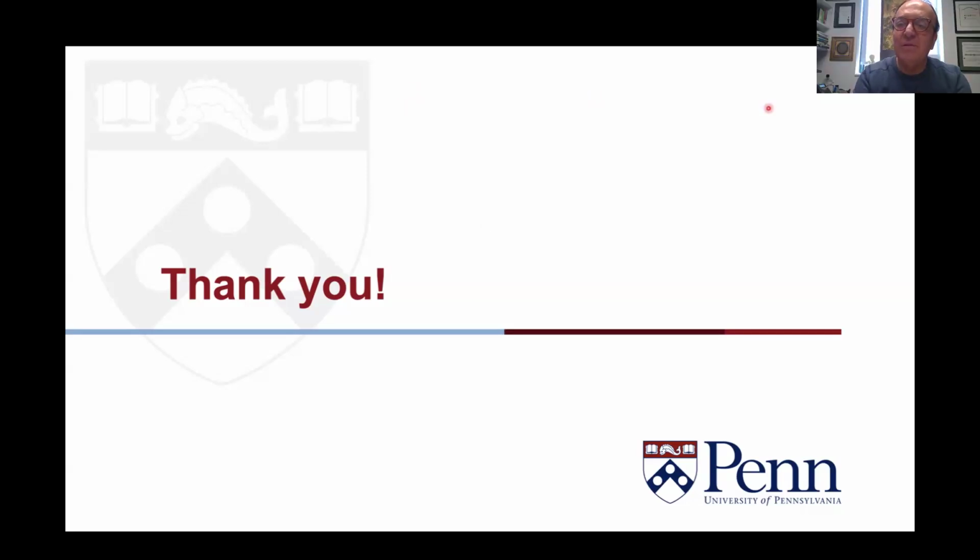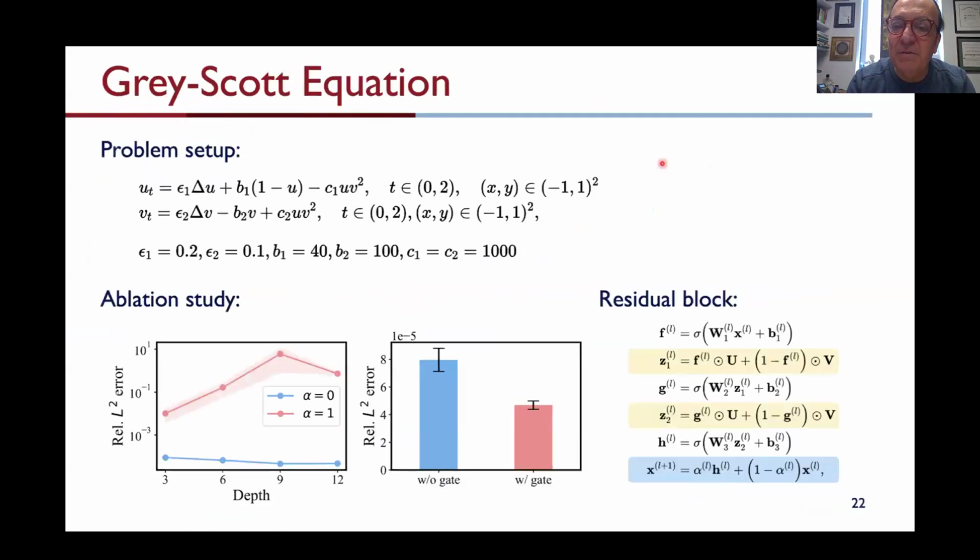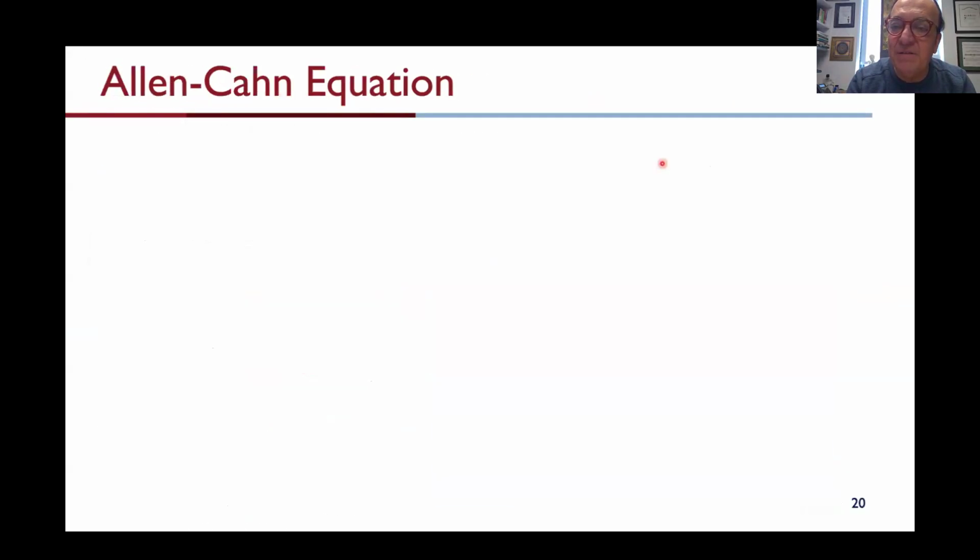I have a question, Sifan, about your hypothesis, which is right for PINNs, but it's not right for GPINNs. For example, if you look at our GPINN paper, we show convergence of the derivatives, in fact.